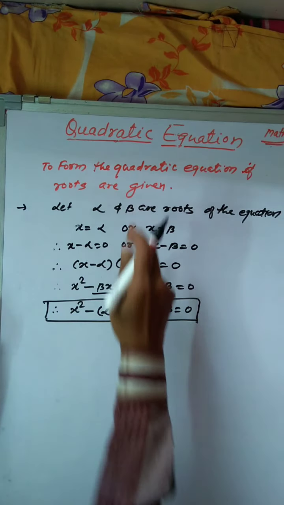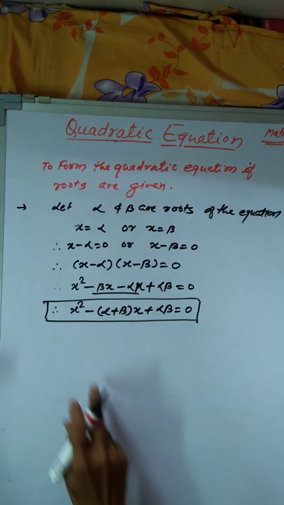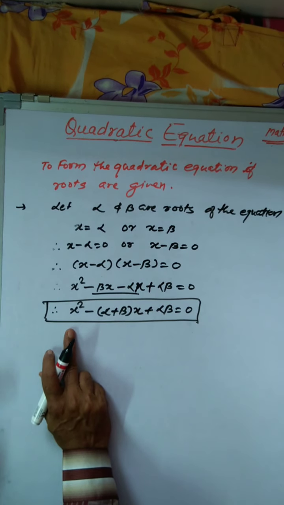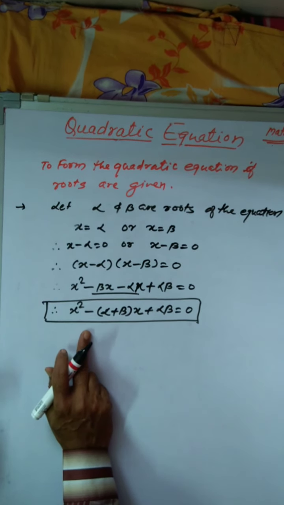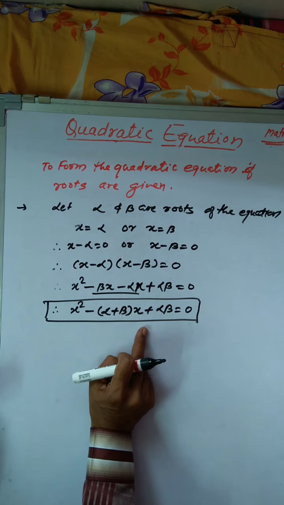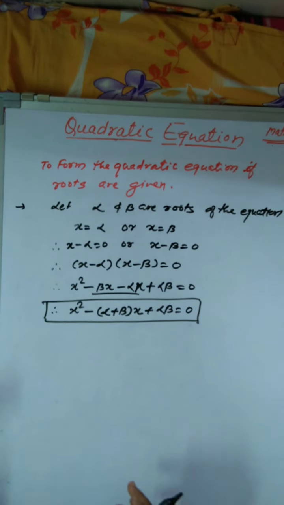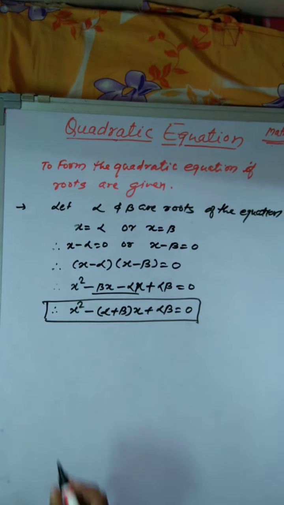If alpha and beta, the roots, are given, then we can find the equation. That is x square minus (alpha plus beta) x plus alpha into beta is equal to 0. That is our required equation if alpha and beta, the roots, are given.